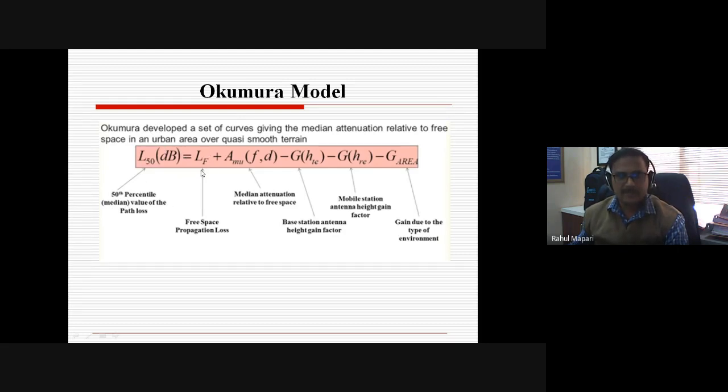This is the equation of path loss considering the median. The first term is LF. What is LF? It is the free space propagation loss. In the last lecture, we have seen the equation for free space propagation loss. Can anyone tell me what the equation is?